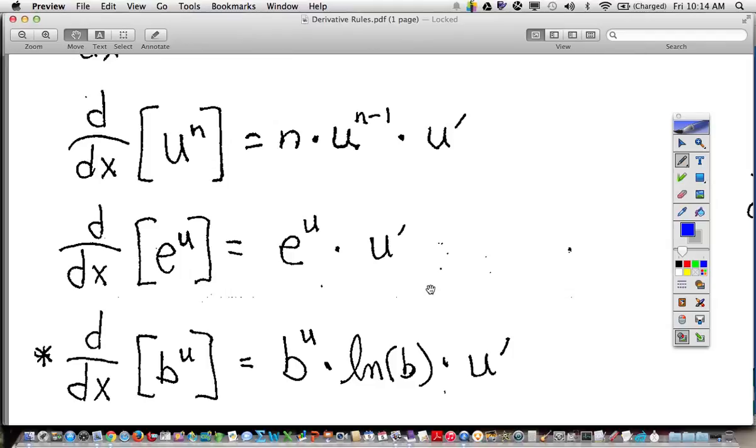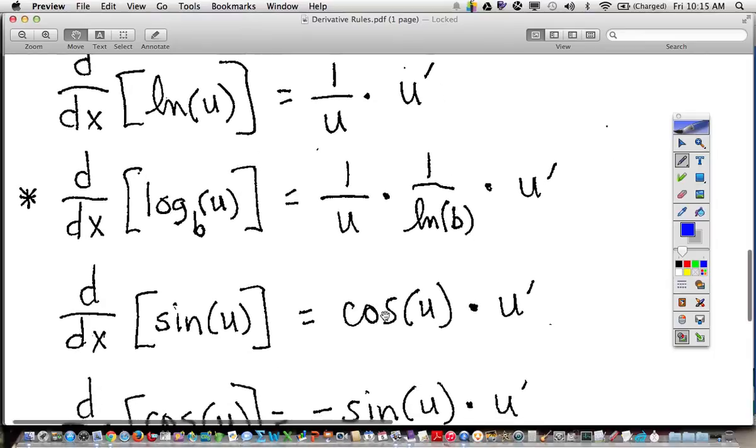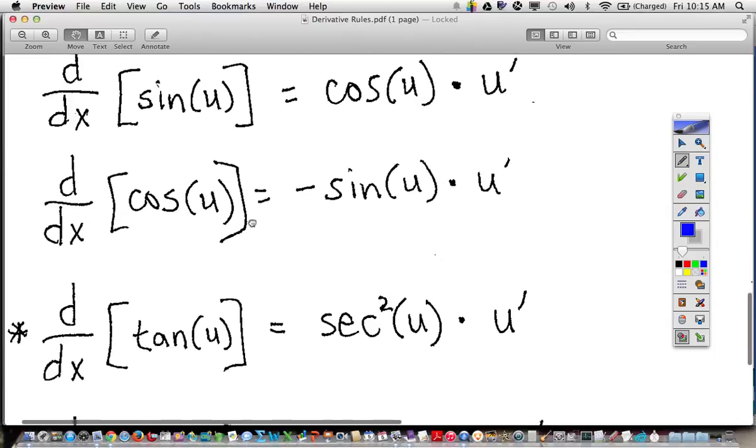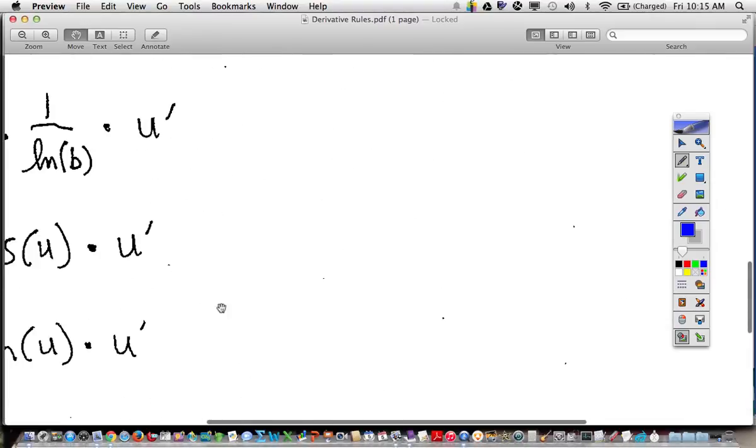Same thing here. The stuff is on the inside, so the chain rule says we have to tack on the derivative of the inside. So in all these rules, the u prime is just the derivative of the inside. You don't necessarily have to think about the u prime. Sometimes it's helpful to think of what the u is, the inside stuff.